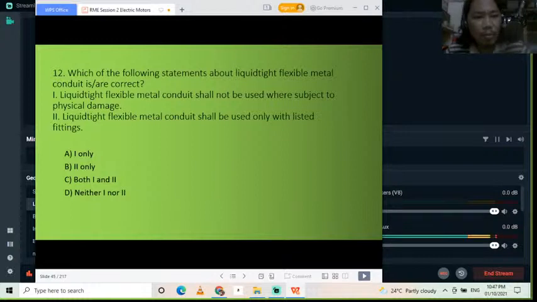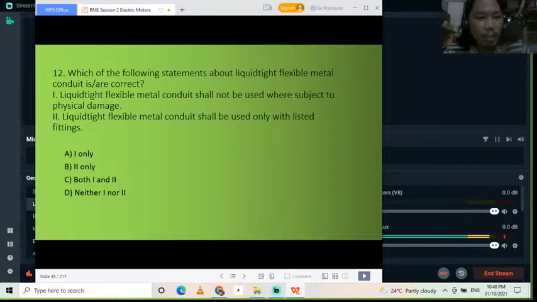Liquid tight flexible metal conduit shall be used only with listed fittings. Alin po diyan? A. 1 only. B. 2 only. C. Both 1 and 2. Or D. Neither 1 nor 2. So, ibig sabihin ng D, wala dun sa 1 and 2. Yung C, pareho. Yung A at saka B, pumili lang ng tig-isa. Alin dyan ang pipiliin natin?